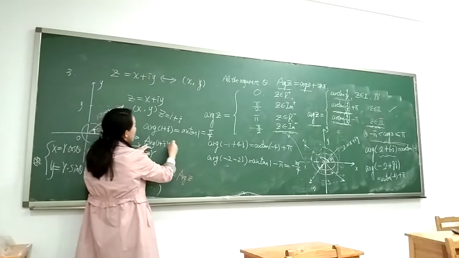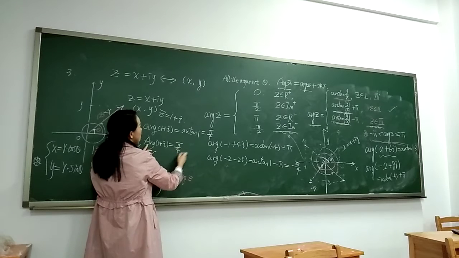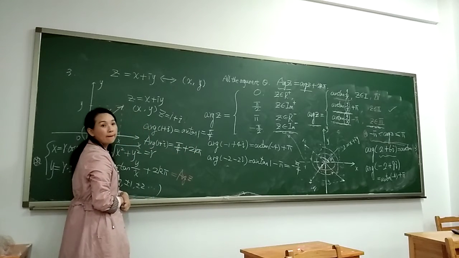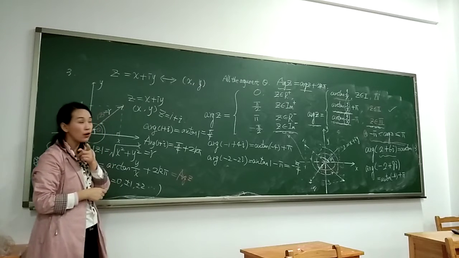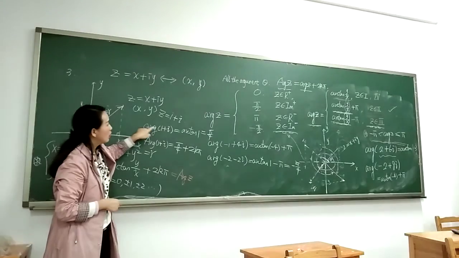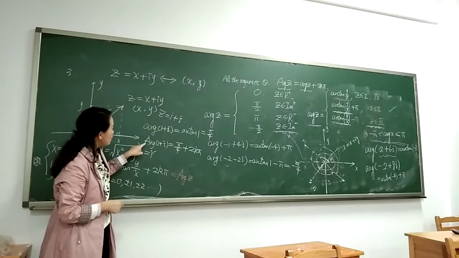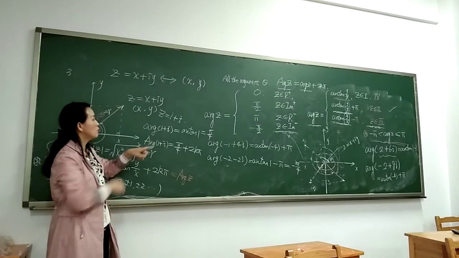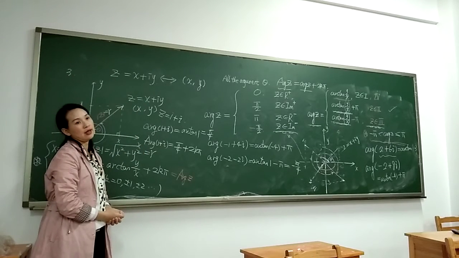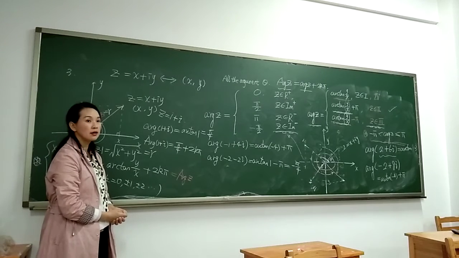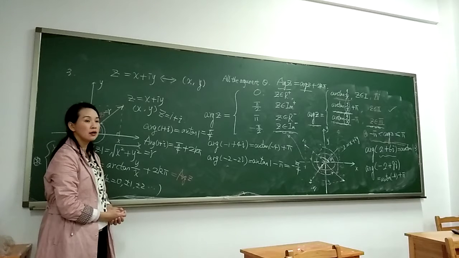So it equals pi over 4 plus 2k pi. So you must think carefully. If here is small, only one. But if here is big, then all the angles. Understand? So it differs from the capital letter of the arguments.